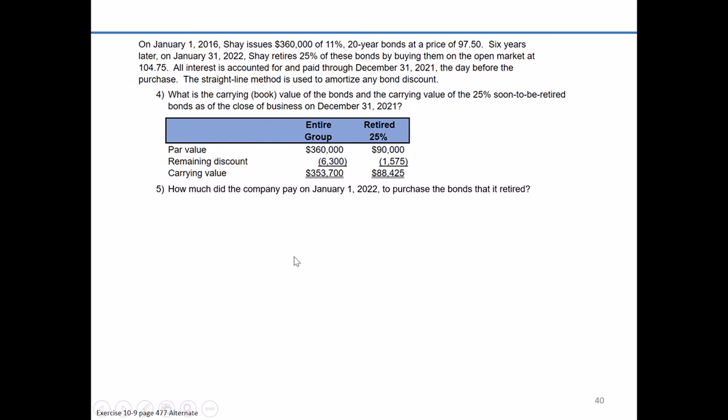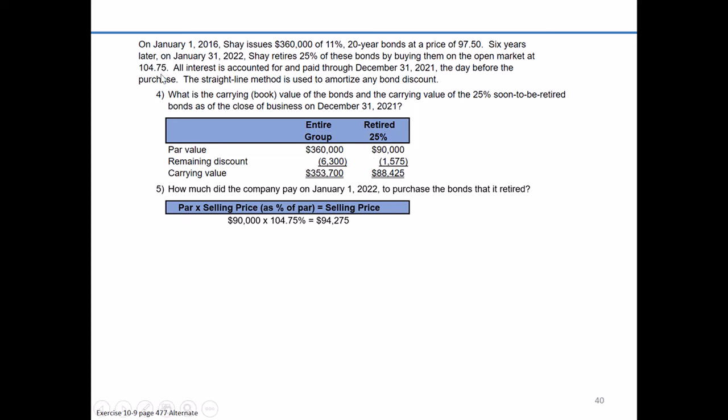How much did the company pay on January 1st, 2022 to purchase the bonds that it retired? So we've already isolated what the carrying value is, but now we want to isolate what did they actually have to pay in order to retire those bonds. Well, we're going to take the par value of the retired bonds, which is $90,000, times whatever the purchase or selling price was as a percentage of par.